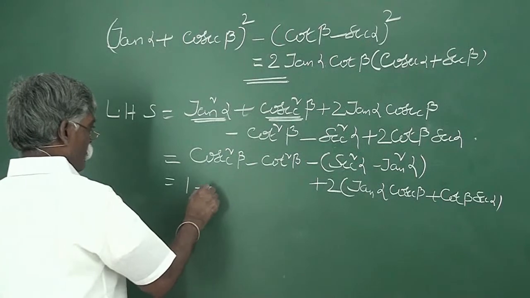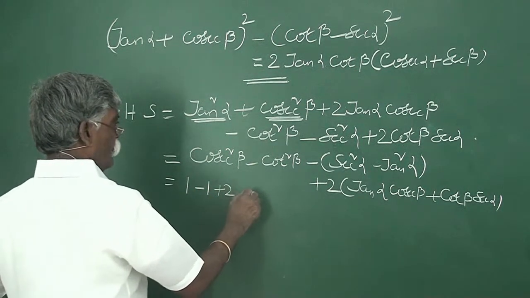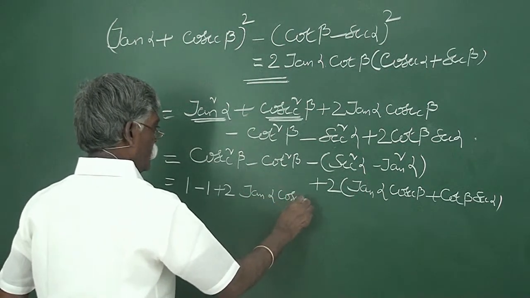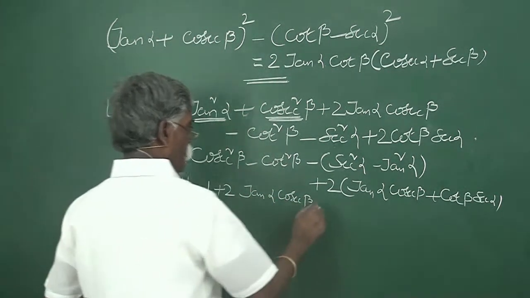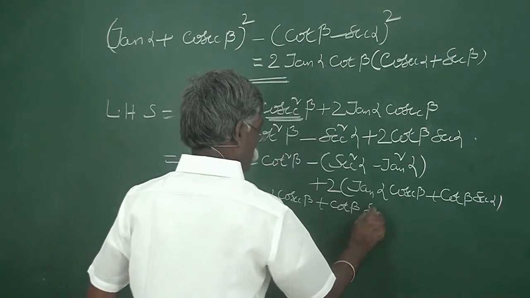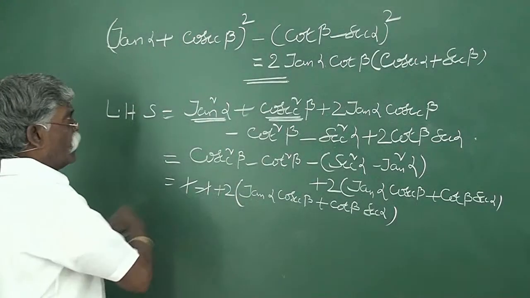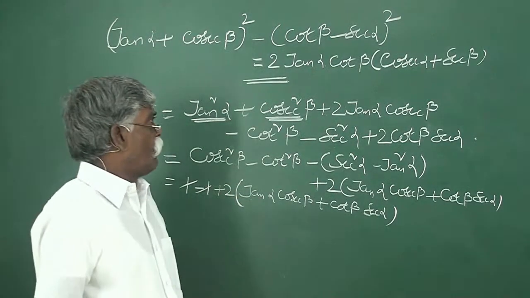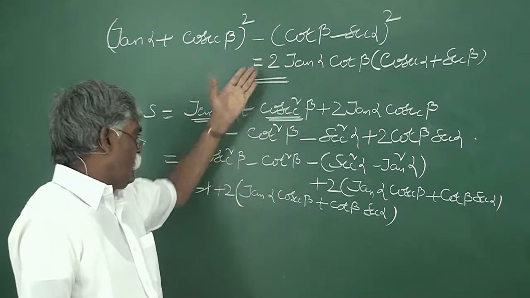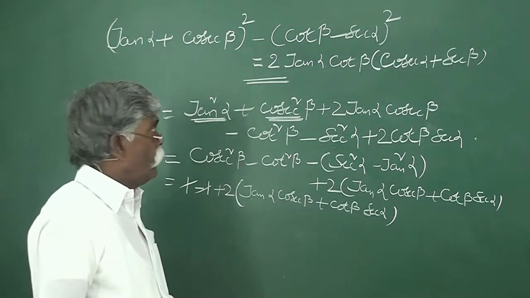Therefore, this is 1 minus 1 plus 2 into tan alpha cosecant beta plus cot beta secant alpha. Now, these two got cancelled. So, when we look at the answer in the right hand side, only this 2 is getting tallied. The remaining thing is not tallied.